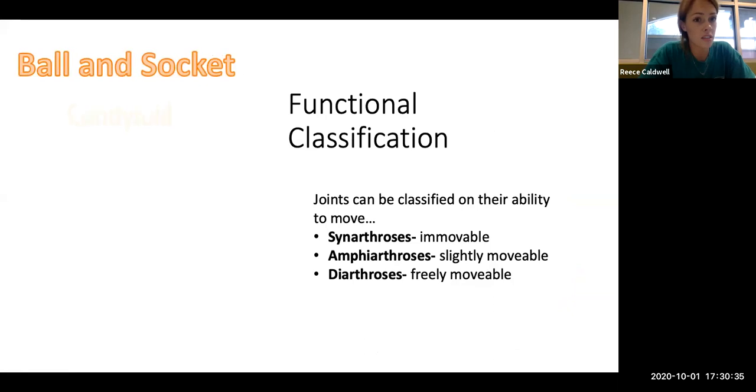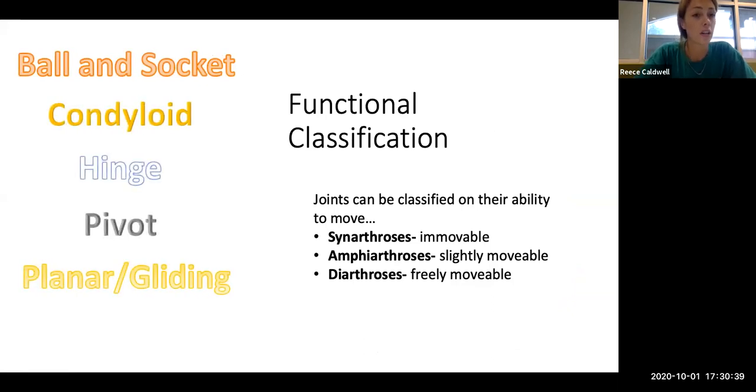So the ball and socket, the condyloid, the hinge, the pivot, the planar gliding, and the saddle joints are all synovial joints. You might have heard of a few of them. We're not going to look in depth at the more rare ones, but I assume most of you have heard about ball and socket joints, maybe hinge joints. So we're going to go ahead and dive into these.